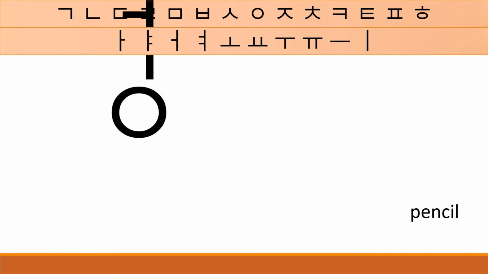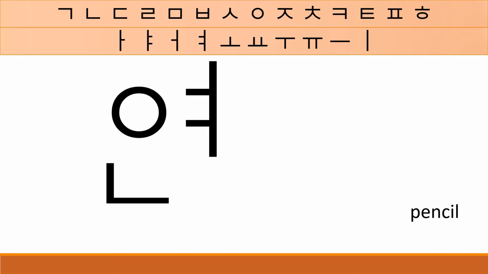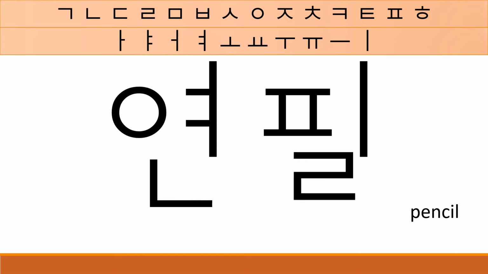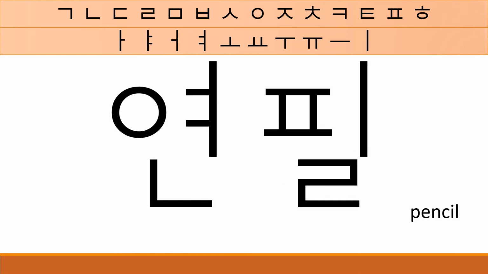If you hear only a vowel sound, you cannot start with a vowel, right? So you must have a zero consonant. So 여 and n underneath, 연. And p plus i, p, and r underneath, 필, 연필. This is pencil.